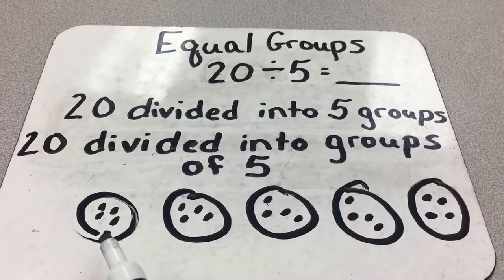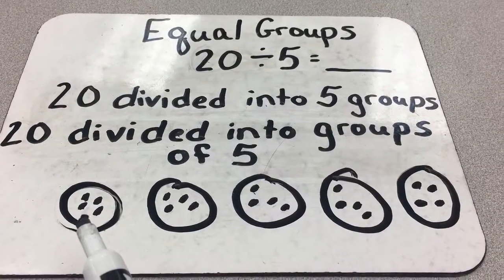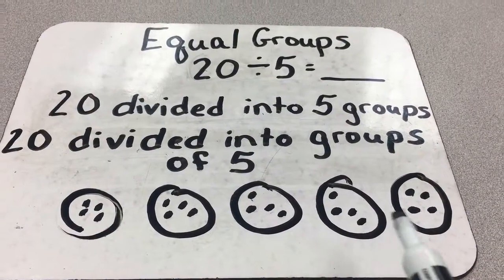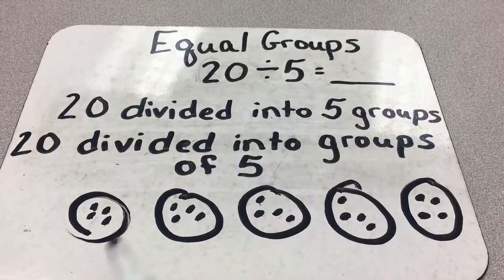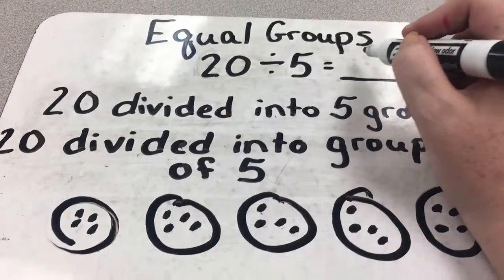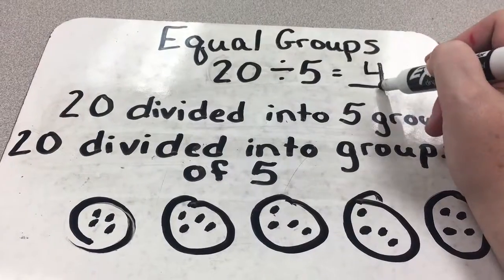Then they're going to look and see how many are in each of those groups. So we know that in each group there are 4. So 20 divided by 5 equals 4.